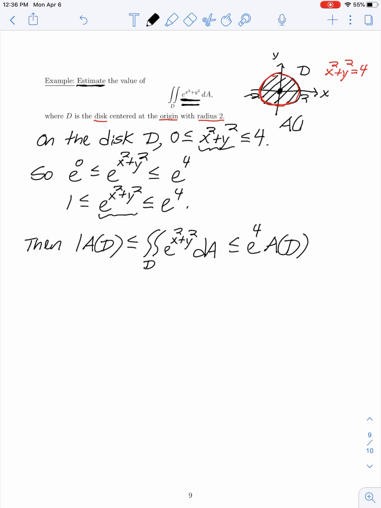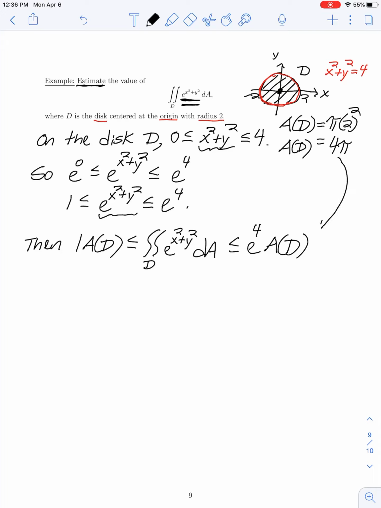So in the last part of this problem, we need to find the area of our region D, which in this case is a disk, or area inside of a circle. The area inside a circle of radius r is given by pi times r squared. In this case, our radius was 2. So our area for this disk D is 4 pi.